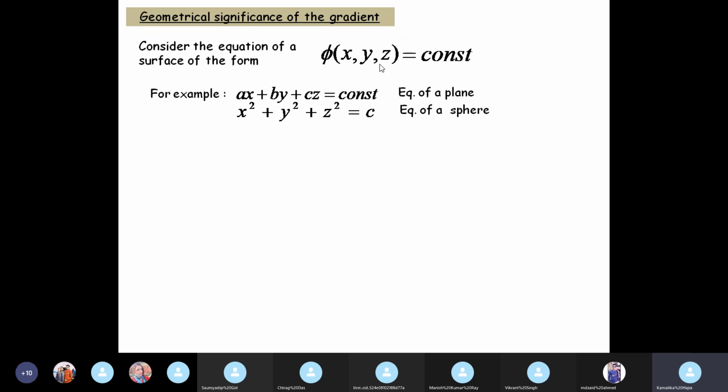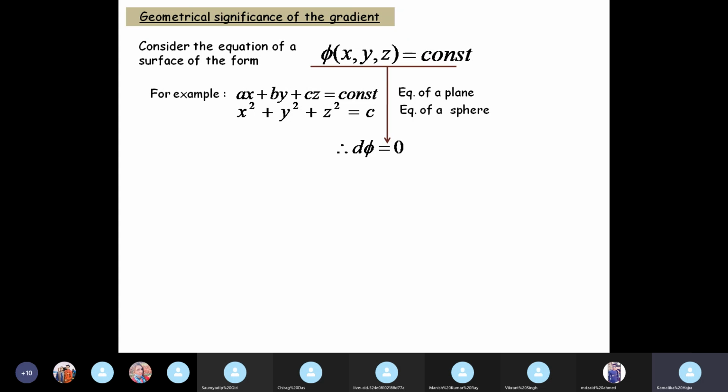So again we have an equation of the form phi(x,y,z) equals constant. All right. So we can generally say that any equation of the form phi(x,y,z) equals constant actually represents a geometrical surface. It may be a plane, it may be a sphere, it may be an ellipsoid, different surfaces.